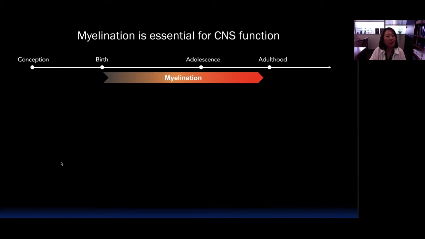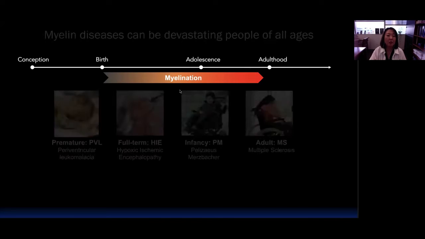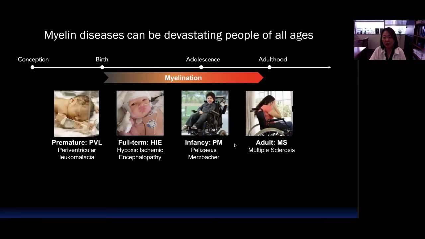Given this critical function and unique developmental paradigm, if an injury happens, disruption of myelination can cause many diverse neurological or neurodegenerative diseases affecting people of all ages, from babies born prematurely or full-term babies under hypoxic conditions, to genetic disorders associated with myelination defects, and autoimmune disease such as multiple sclerosis.